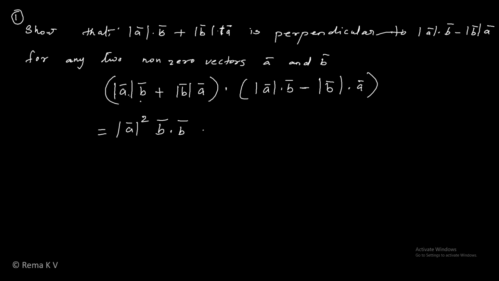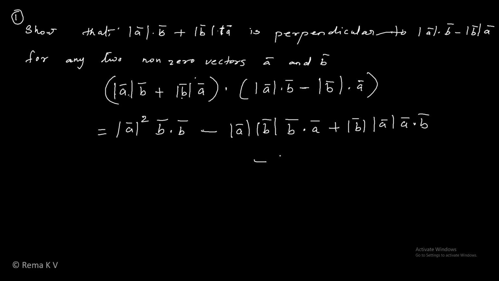then minus these two terms, modulus of vector A and modulus of vector B are two real numbers, then B bar dot A bar. Now these two terms plus modulus of vector B and modulus of vector A are real numbers, then vector A dot vector B. Next term is multiplying these last two.